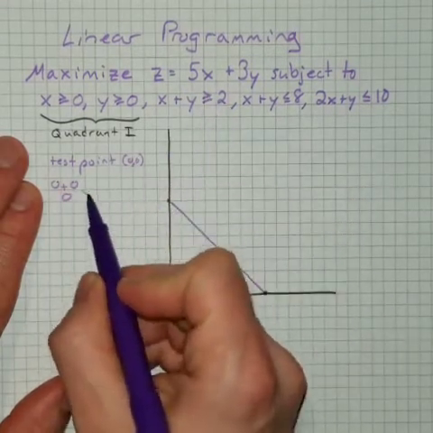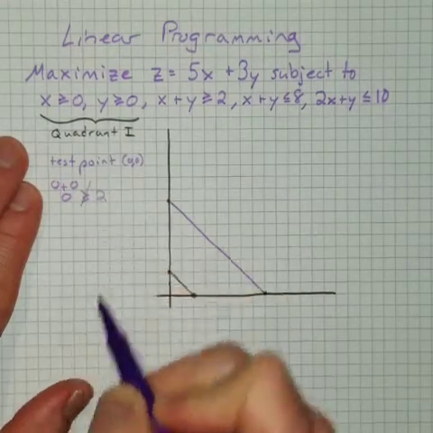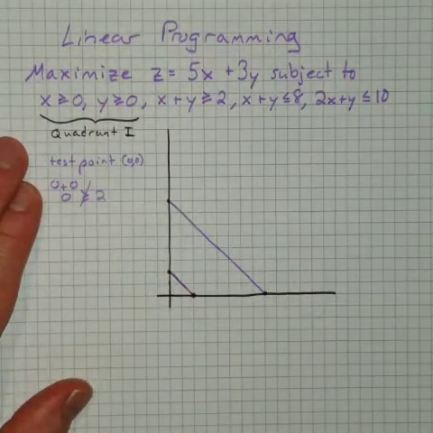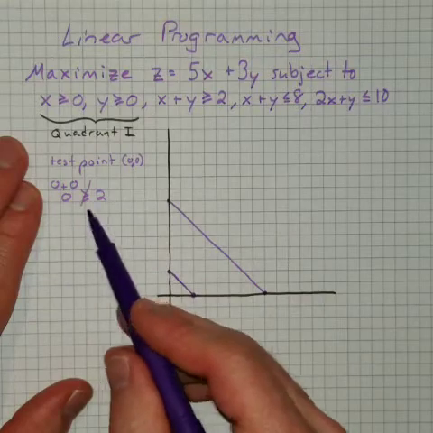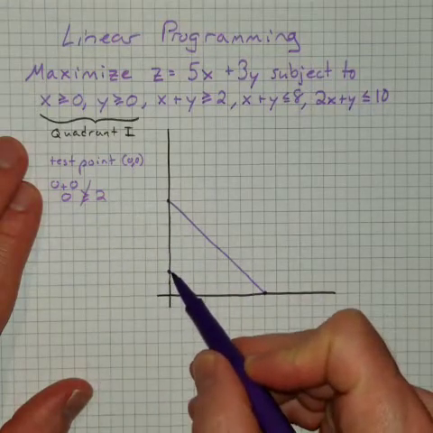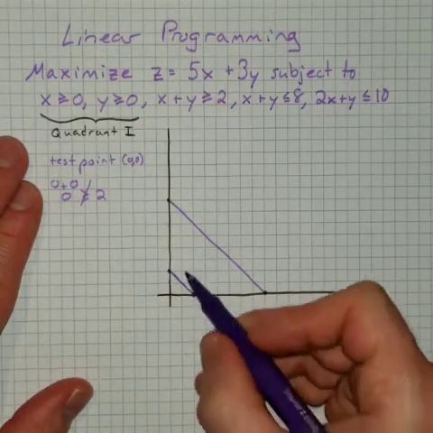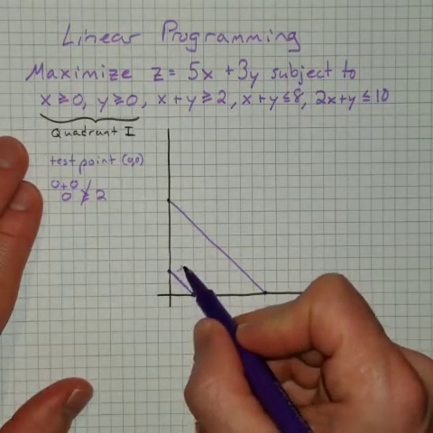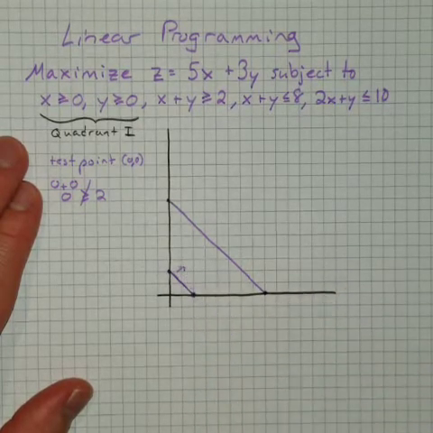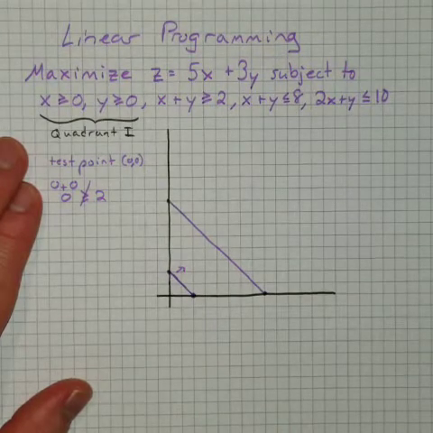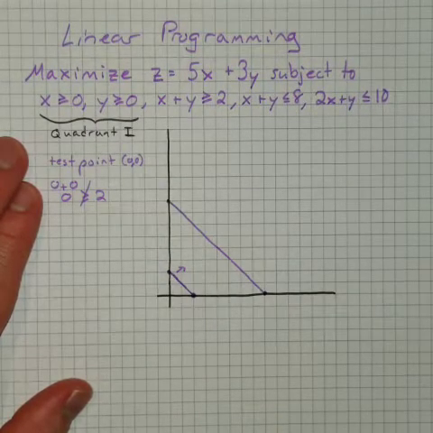That is not greater than or equal to 2. In fact, it's less than 2. And so my test point cannot be in the solution to this inequality, so I'm going to need to shade everything up and to the right of that line. I'm going to hold off on actually shading it till the end.